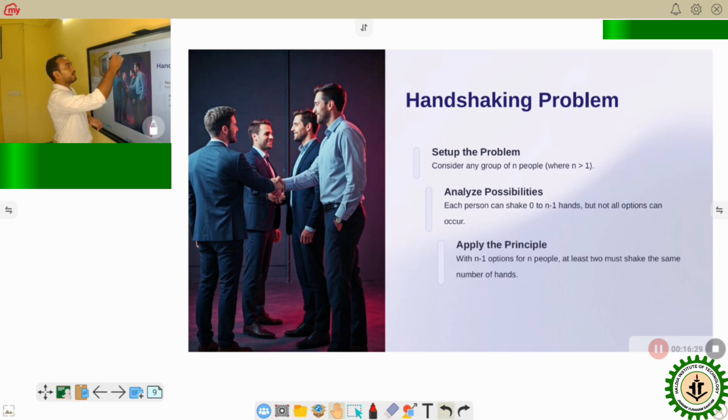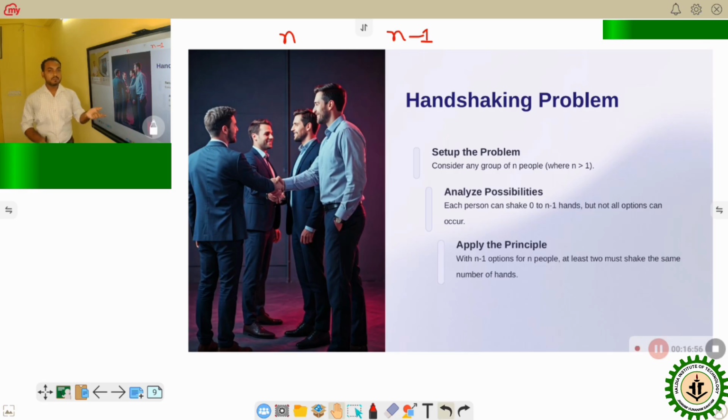If we define the domain with n, the number of people, and the number of handshakes is n minus 1, that is the number of elements in the codomain. Since the number of elements in the domain is greater than the number of elements in the codomain, using the pigeonhole principle we can say at least two of the people will have the same number of handshakes.